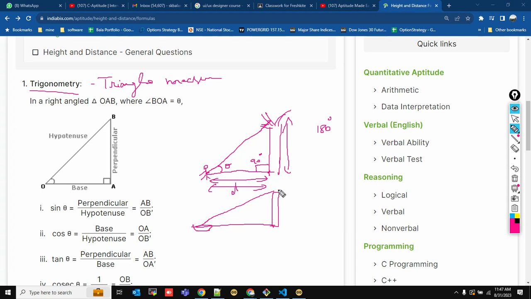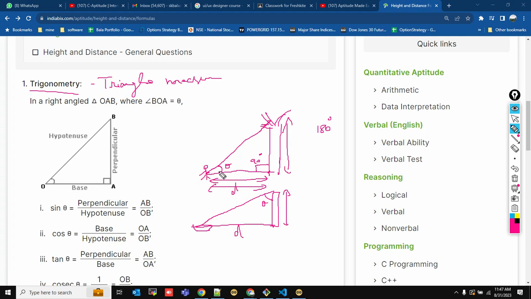If you know the height of your lighthouse, and if you know this angle, then you can find this distance. So you can measure distance or height using trigonometry, right? Using this right angle triangle trigonometry. So that is why trigonometry is called triangle measurement, and this is the real life application of trigonometry.